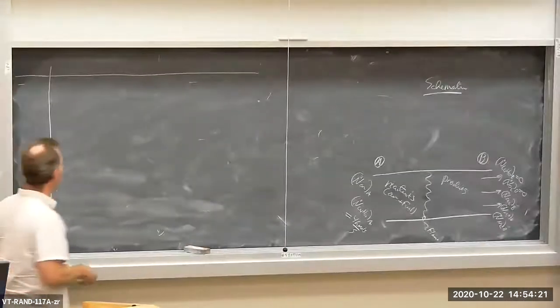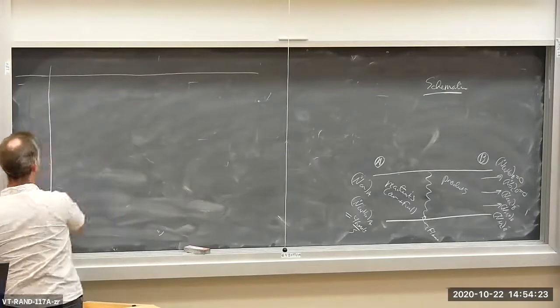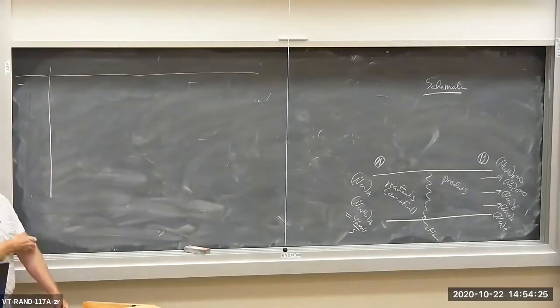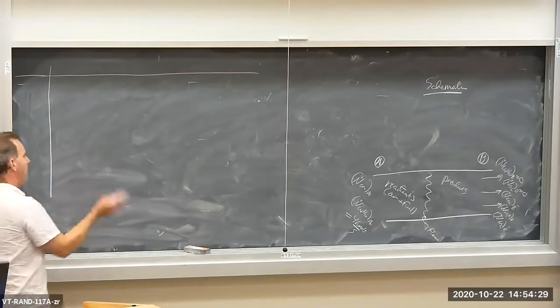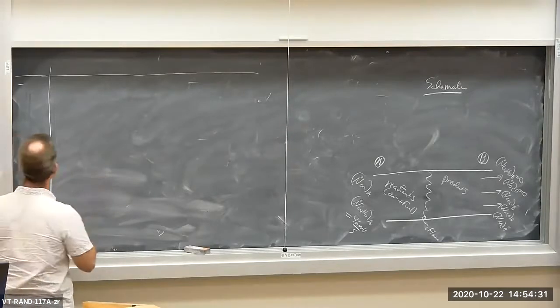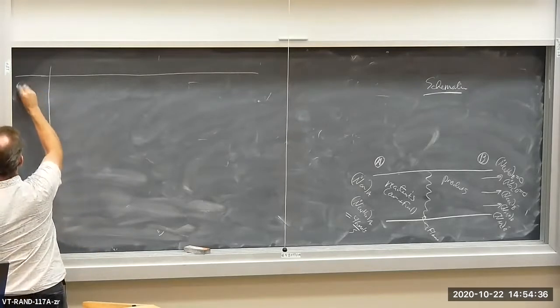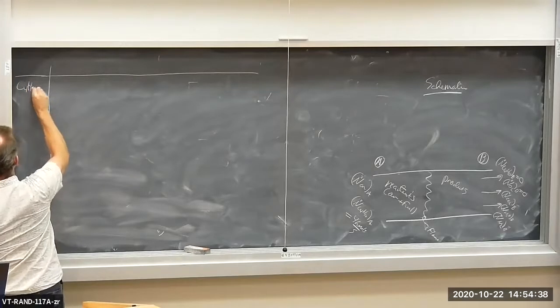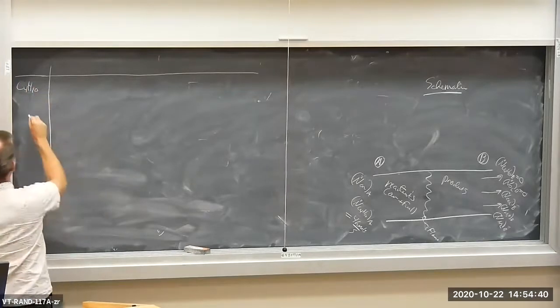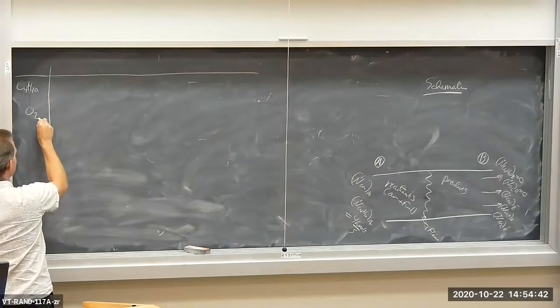Okay, so let's make a little table here. Let's list all the chemical components possible in our problem, either on the product side or on the reactant side. So I have the butane, C4H10. I have the O2.